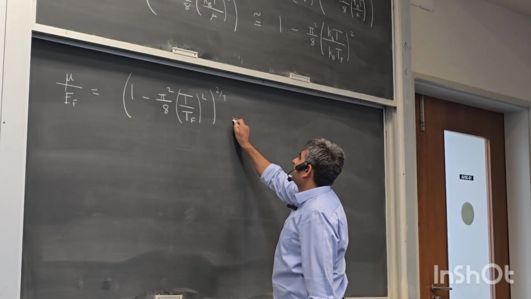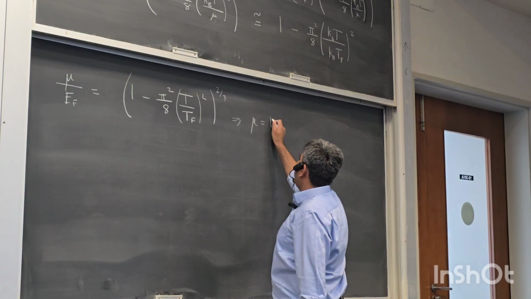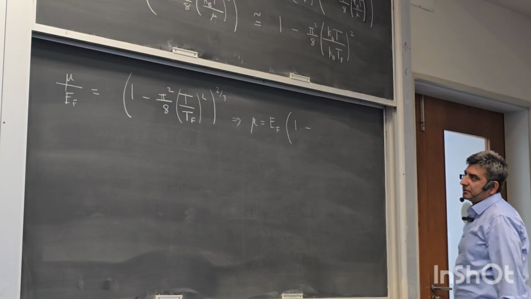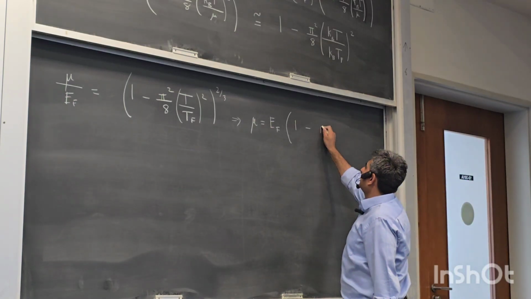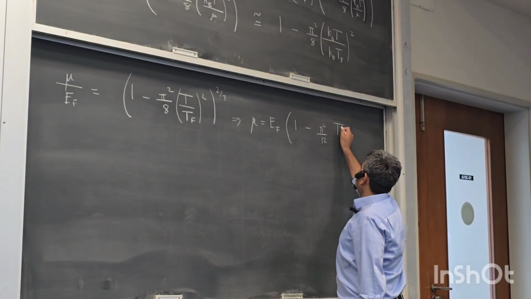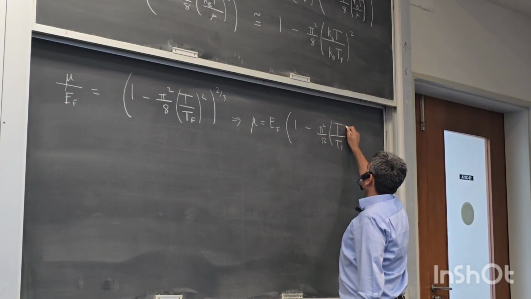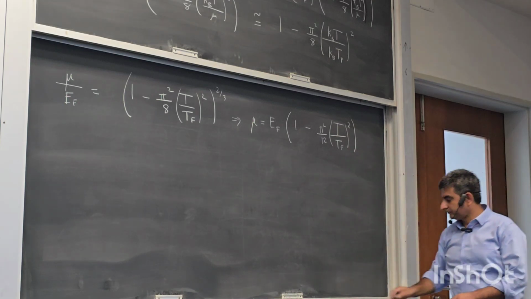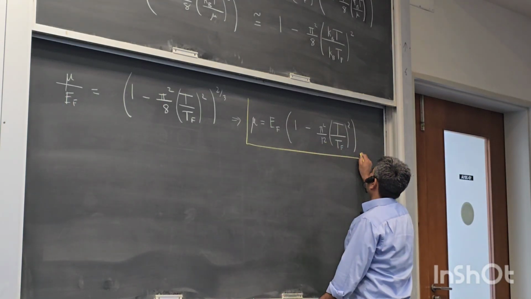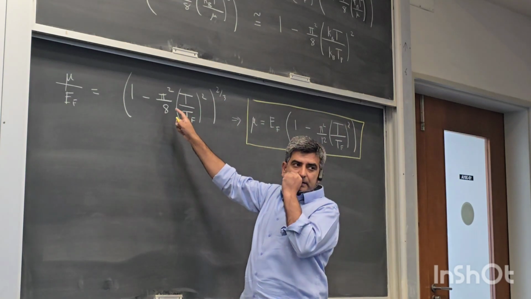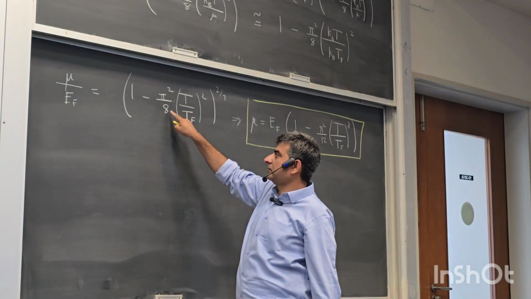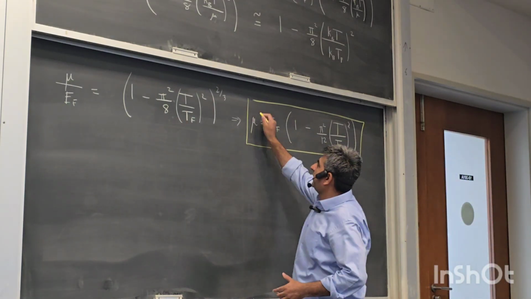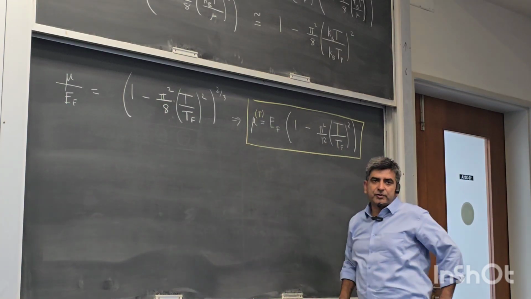This means that mu equals EF times 1 minus, I again apply the binomial expansion, 1 minus pi square over 12 times T over TF squared. So this power just becomes 2 over 3, and this becomes 1 over 12. So this really shows the dependence of the chemical potential on the temperature to a first order approximation.